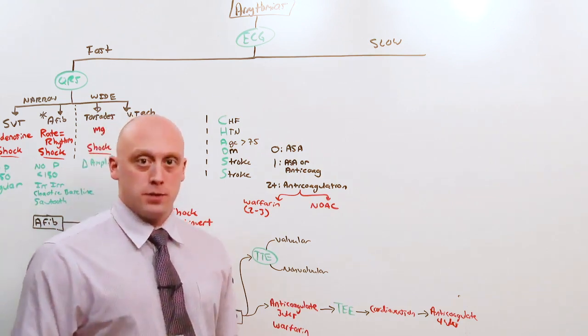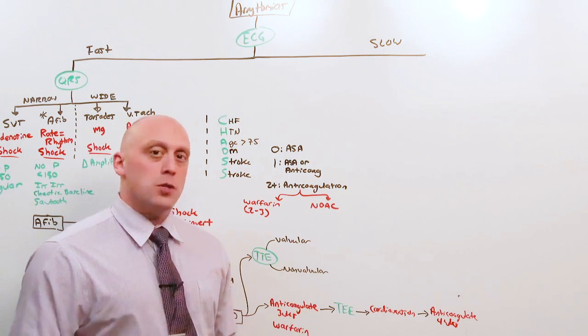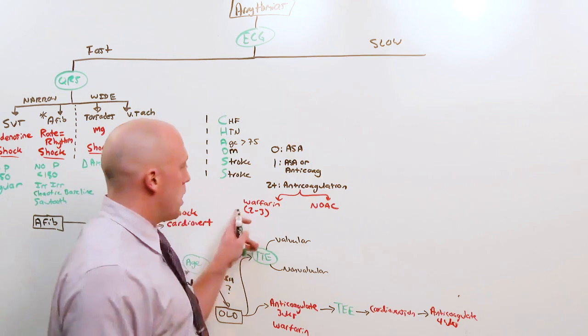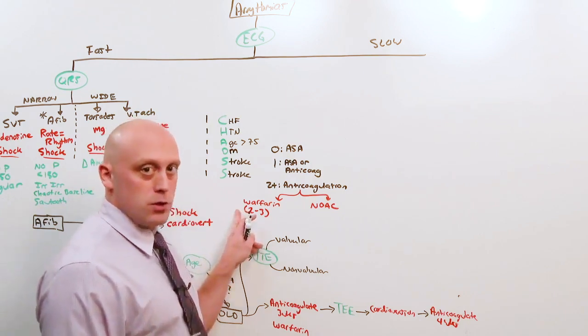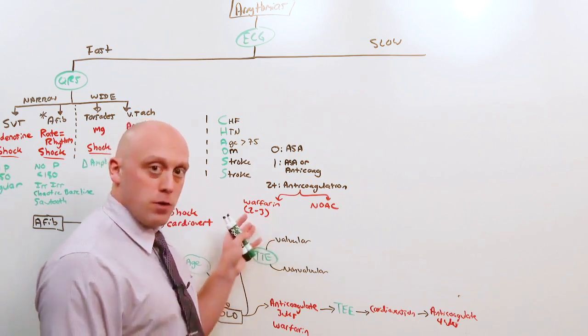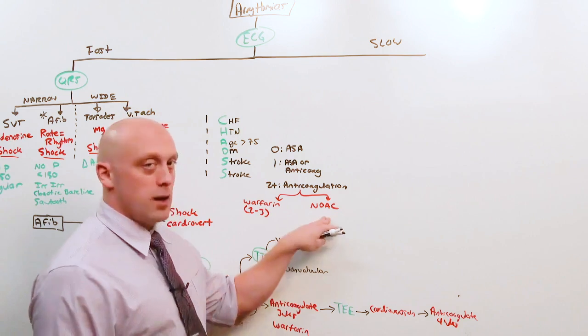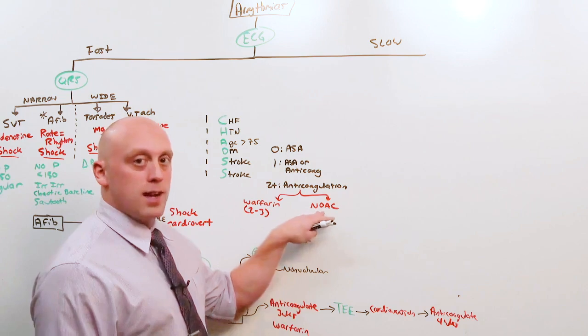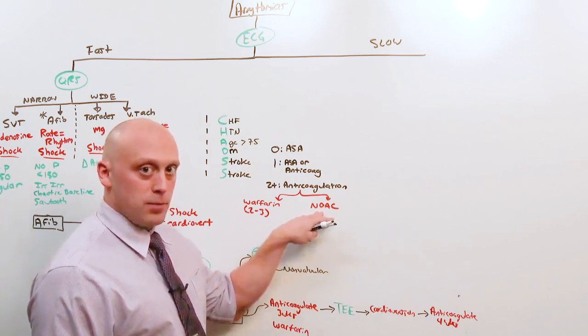It doesn't matter which one it is. What you'll end up doing in life is deciding whether or not the person wants to have frequent lab draws to make sure the Coumadin or the warfarin is doing well in the right INR range, but can be reversed, or if they want the convenience of not having to have their blood tested for an INR, but having limited access to reversal if they bleed.